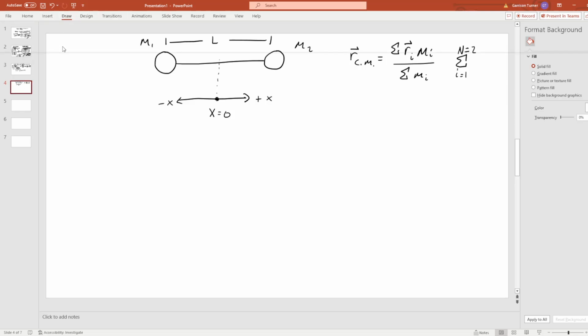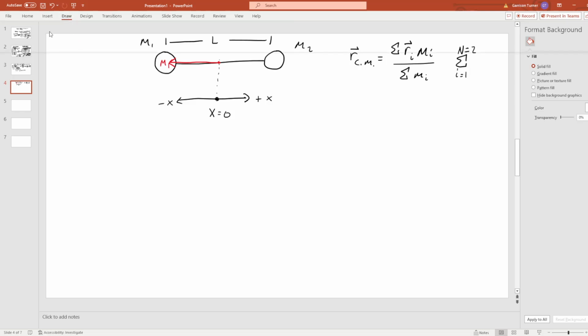And so R1, if I label this M1, then R1 is from my axis of rotation, which I've defined as the origin here. And that is going to point out here.